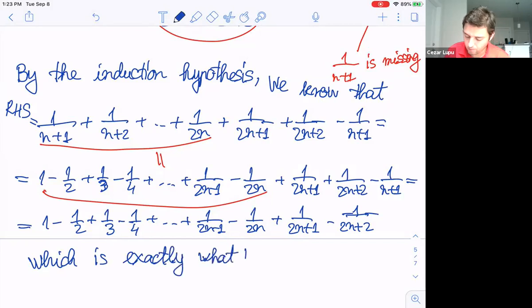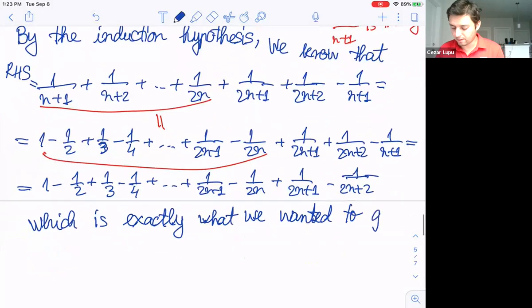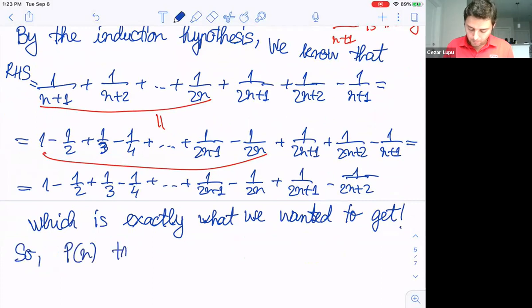What we wanted to get, exactly. Right? It's exactly P of n plus 1. Well, that's it. End of story. So P of n true implies P of n plus 1 true.